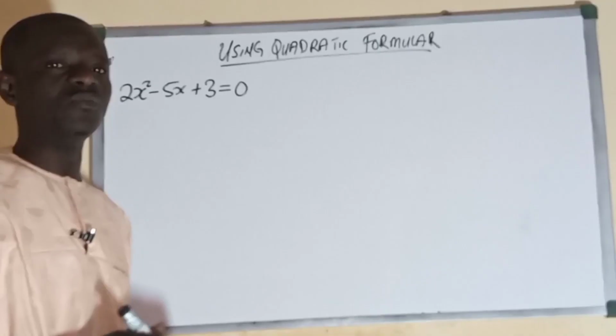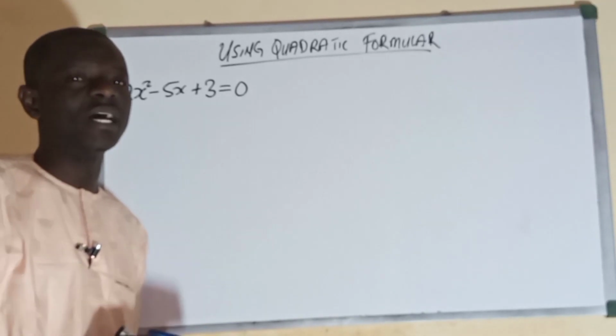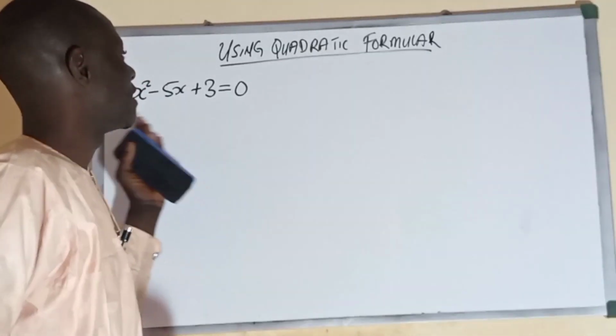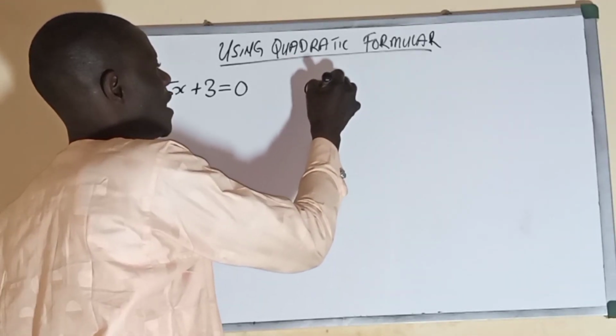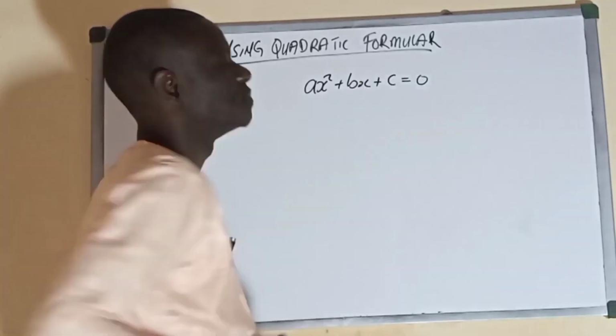of quadratic equation. To use the formula, we have to always consider some constants that are in our given equation. For instance, let us consider the general form of quadratic equation, which is ax squared plus bx plus c equals 0.